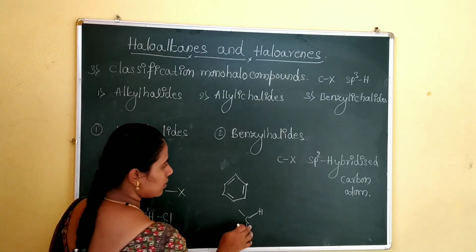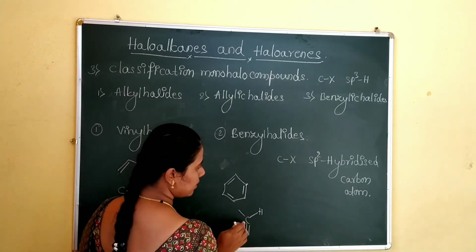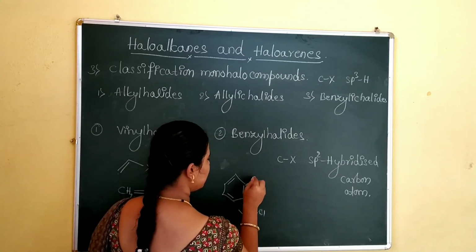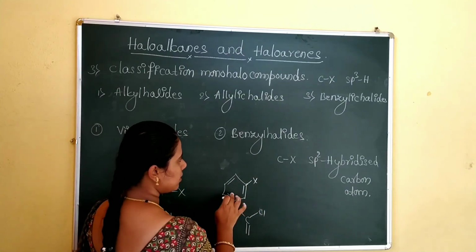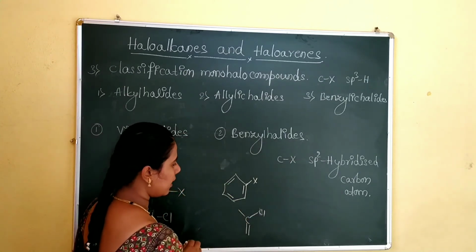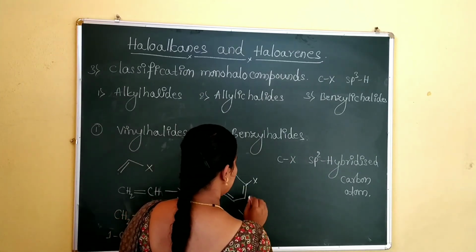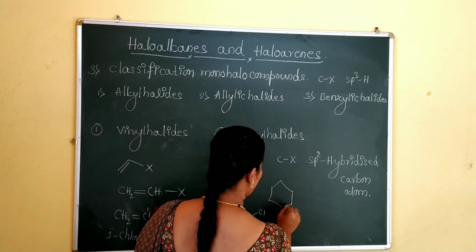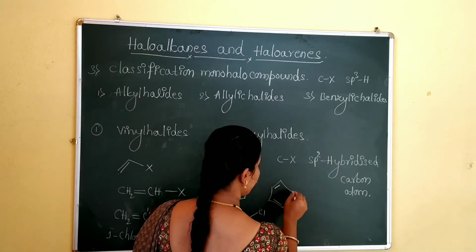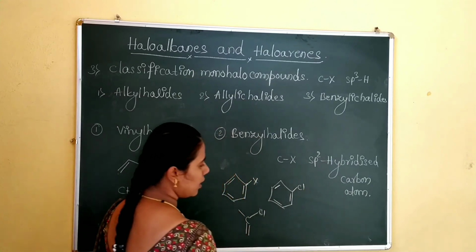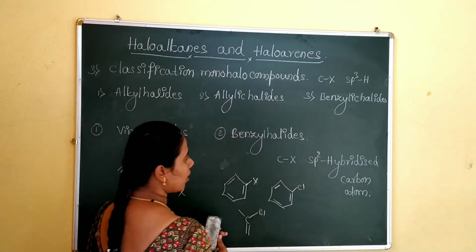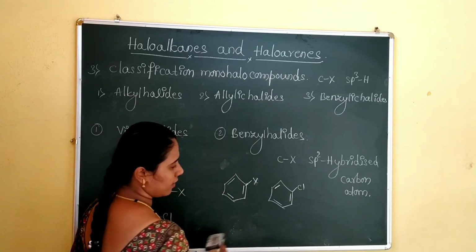This is an sp2 hybridized carbon atom to which halogen atom is attached. This is the general representation for aryl halide. See here, if this halogen atom is chlorine, then it becomes chlorobenzene. It is an example for aryl halide.